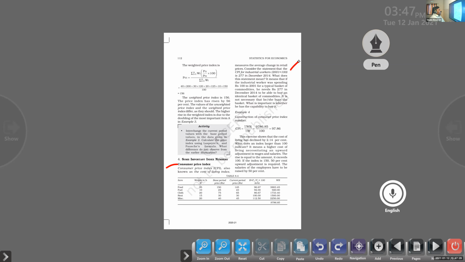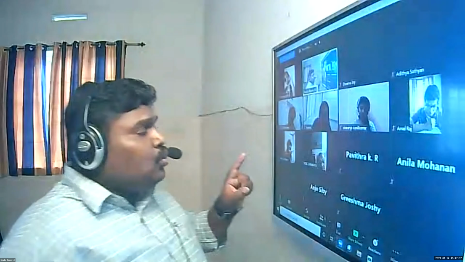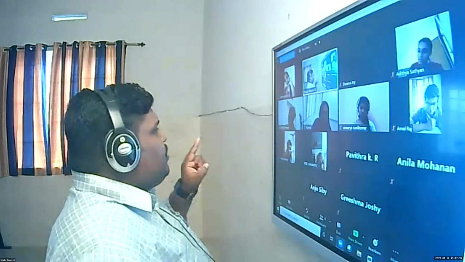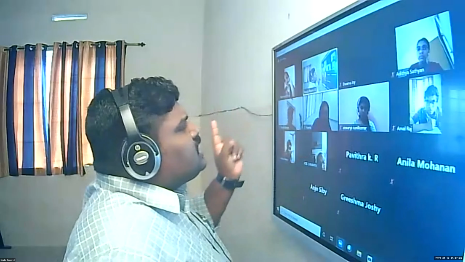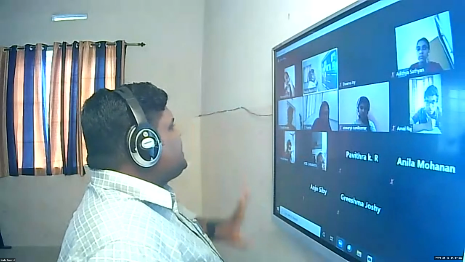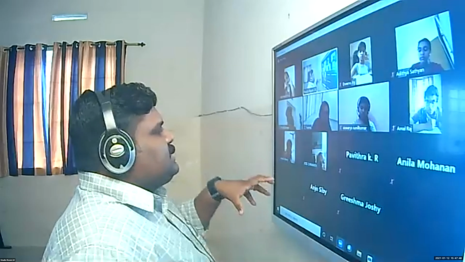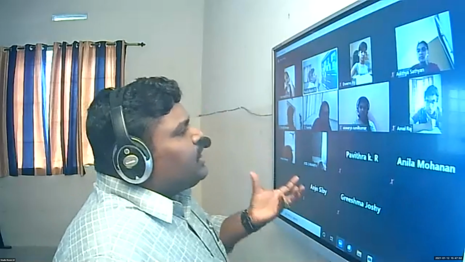It means that if the industrial worker was spending rupees 100 in 2001 for a typical basket of commodities. So here you understand, in 2001 that industrial worker was spending only 100 rupees to purchase the goods in that basket. For example, we are keeping some products in that basket.